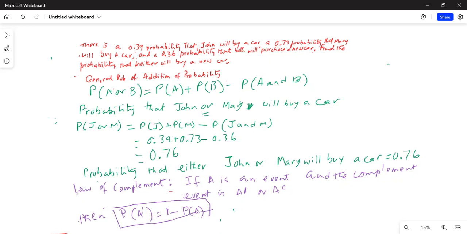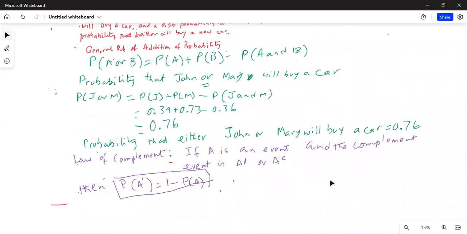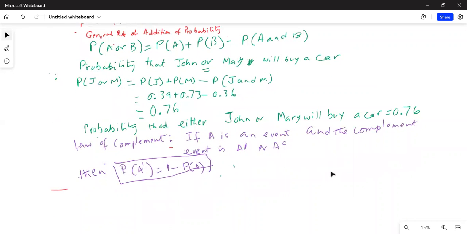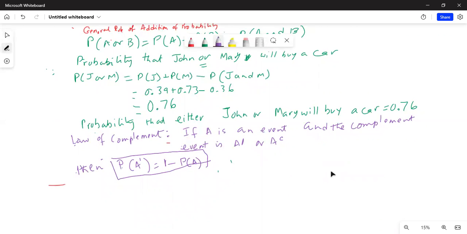Okay, so we will apply that in this case. We know probability that John or Mary buy a car is 0.76.